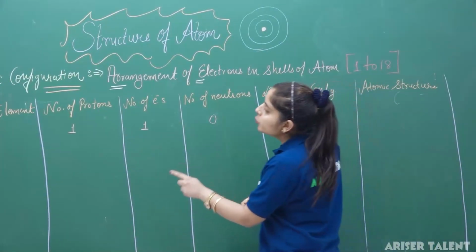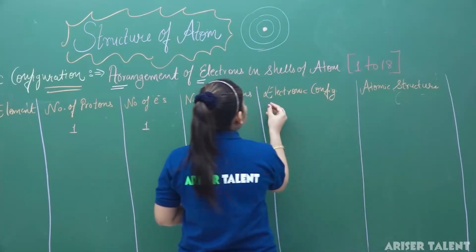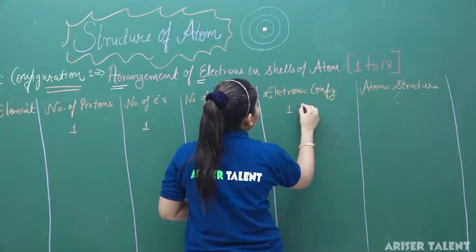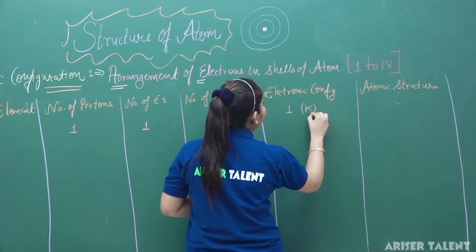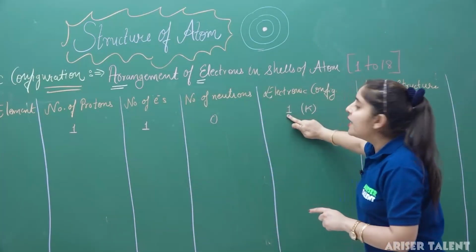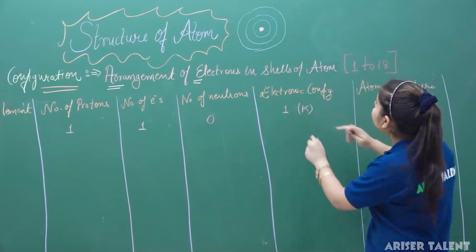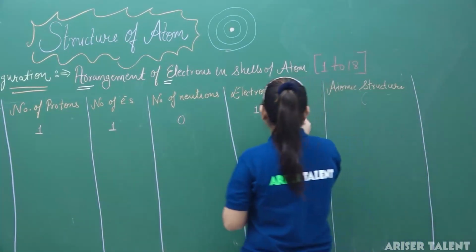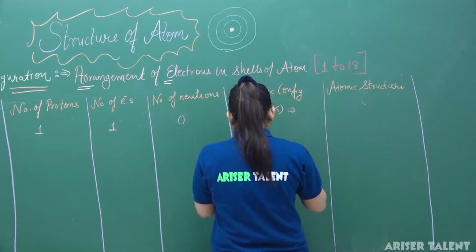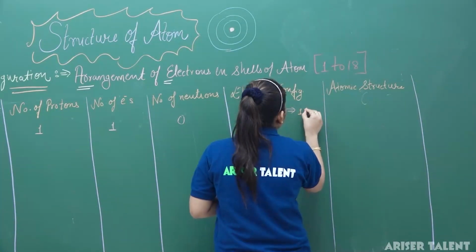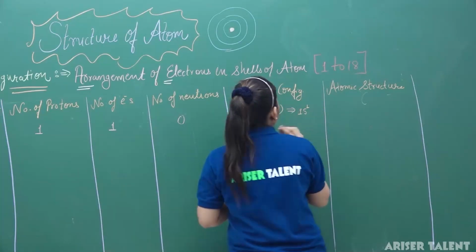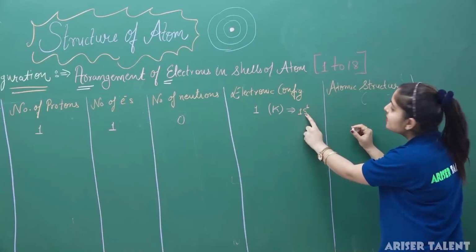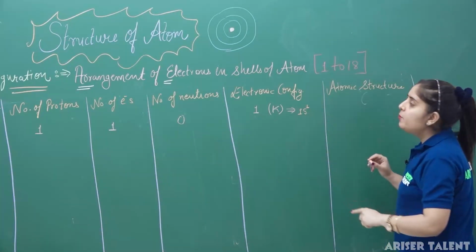It has only one electron, so it can be accommodated only in the K shell. We can write its electronic configuration as 1s1. 1s1 means shell number 1, that is s, and it has only one electron.